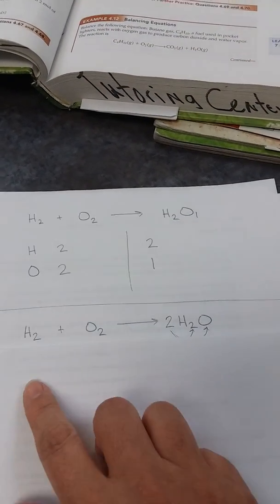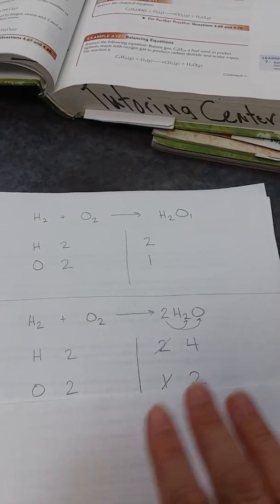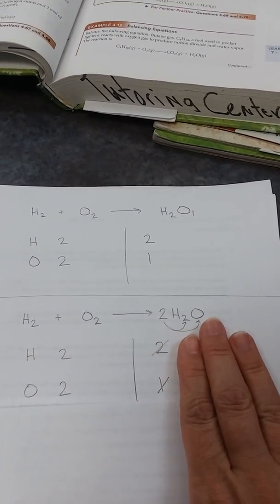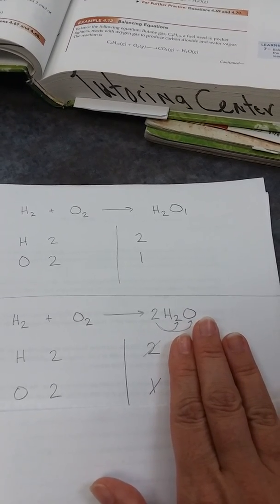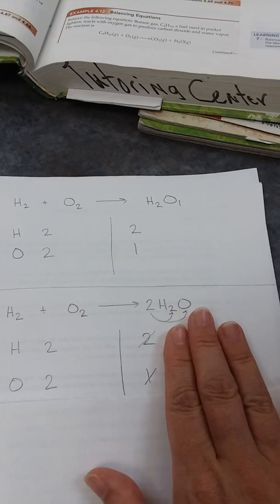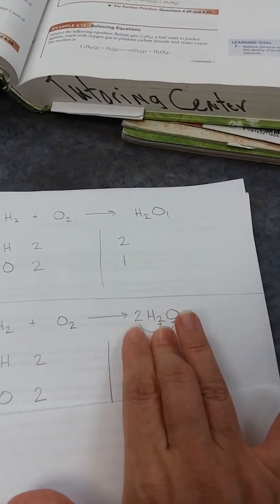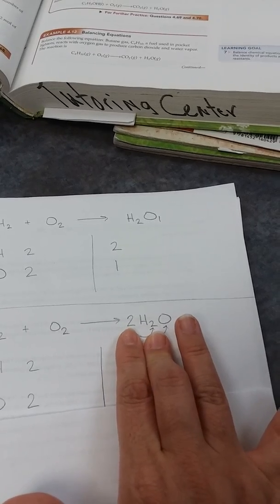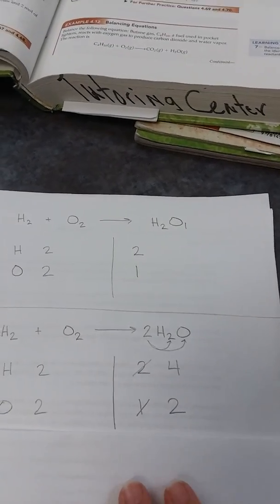Okay, so here's my equation. I've decided, pretend those aren't marked out. So I've decided that I need to make there be 2 oxygens right here. So I'm going to put a 2 in front of this H2O. And then it's kind of like using the distributive property in algebra.